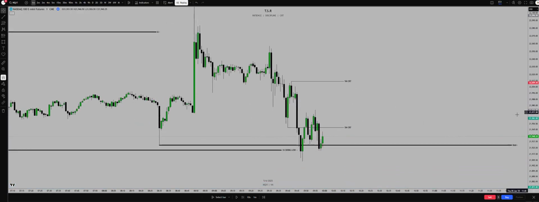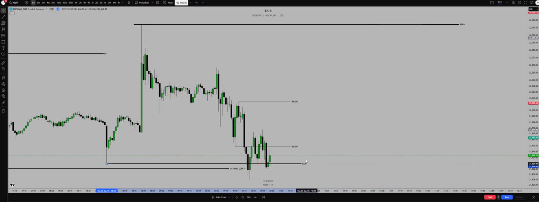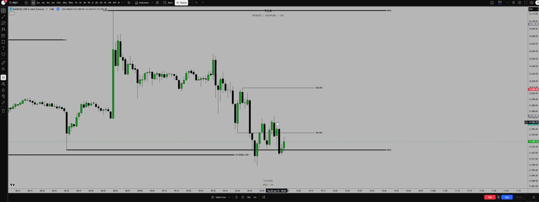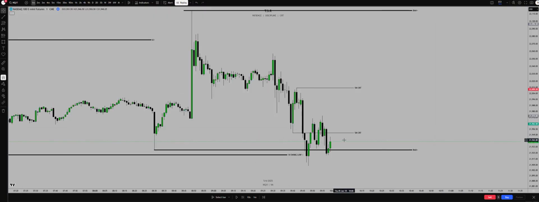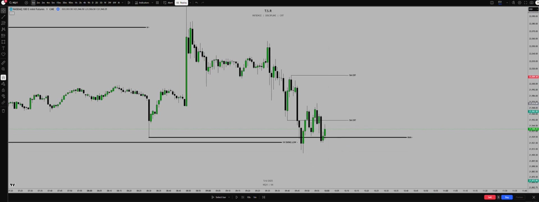Before we actually find an entry, I have to mention something. The time here is 9:59. Price needs to close back above the 8 a.m. range. Okay, it cannot close below it. Meaning what?